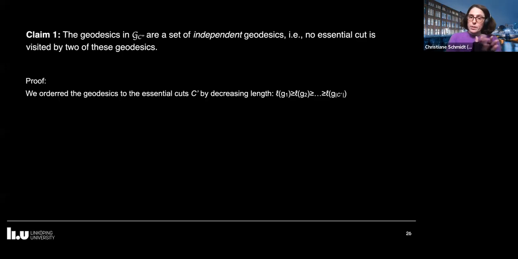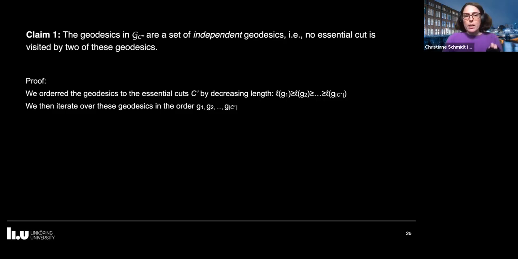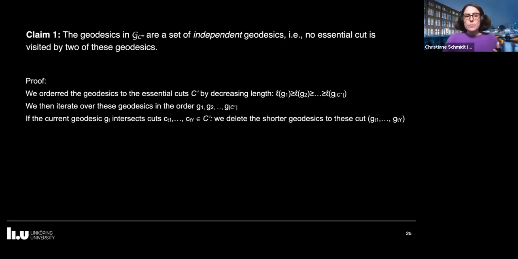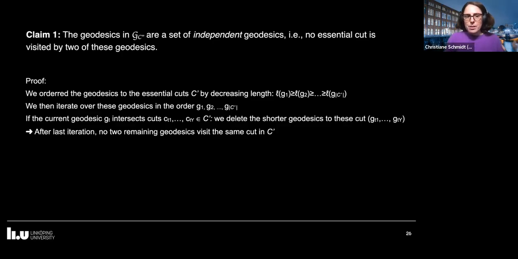Well, we just ordered them by decreasing length, and then we start with the longest one. So whenever our current geodesic intersects any other cuts in our set, we delete the shorter geodesics. And so then, by definition, after the last iteration, no two remaining geodesics visit the same essential cuts. So that was relatively easy from filtering out.